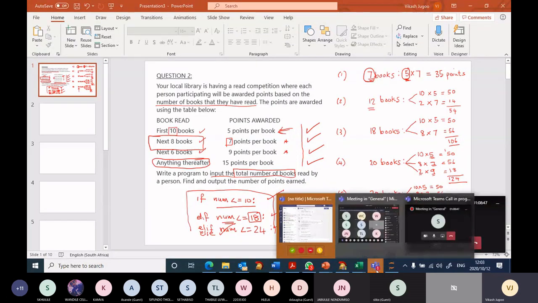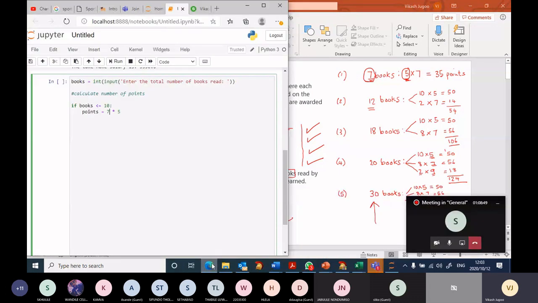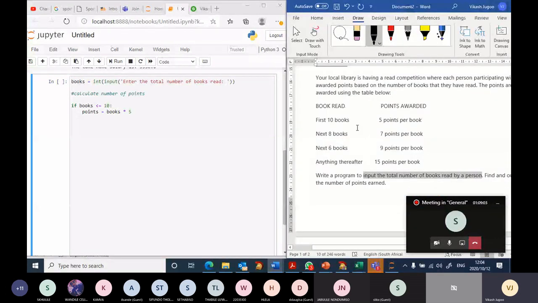It doesn't mean that when you're programming, you program for 7 books. You program it in a general form. And the general form is get the number of books and then take those books and multiply it by 5, because each book for the first case is 5 points.